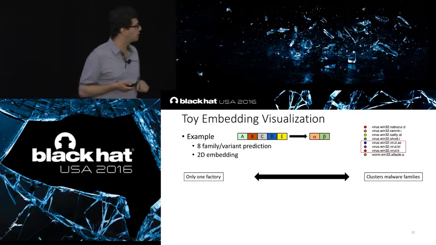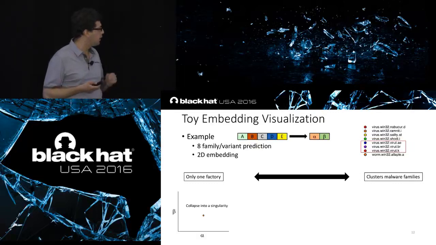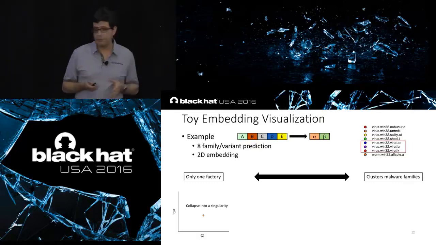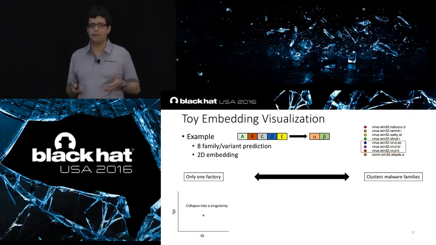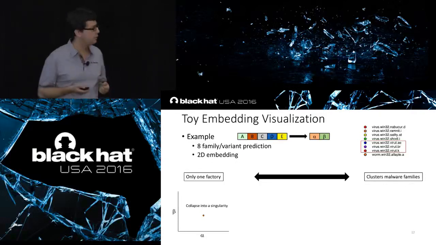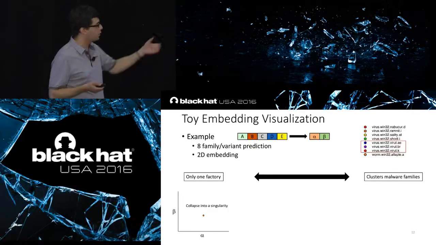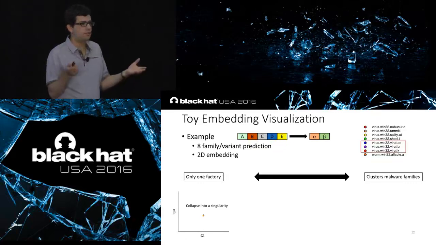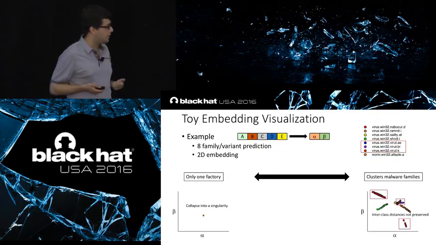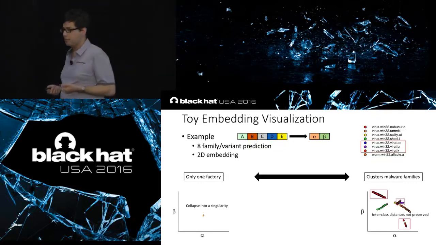Basically, that the whole family must cluster together. Well, if you say everything is one family, everything is one factory, then everything collapses into a singularity. There is only one factory. All the samples are on top of each other, and you learn nothing, you understand nothing.